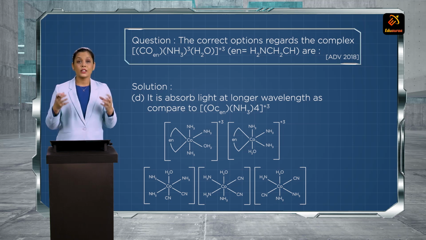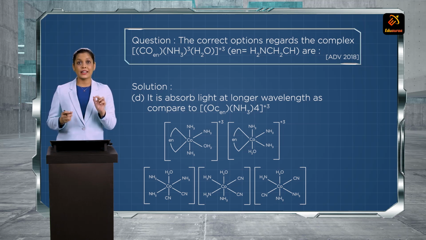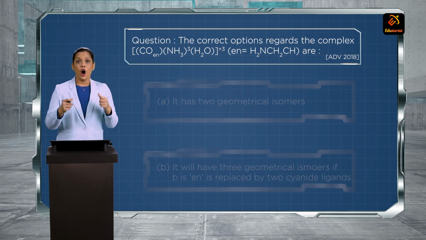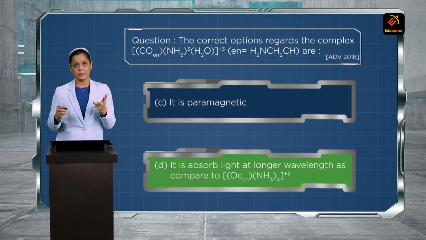But that is not the case for the complex with water as a ligand. As a result, the complex with water, being a weak field ligand, absorbs the light of a longer wavelength, thus making statement D the correct statement. So students, our correct statements are option A, option B, and option D.